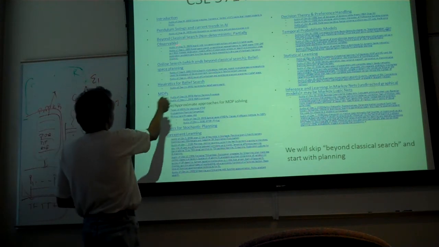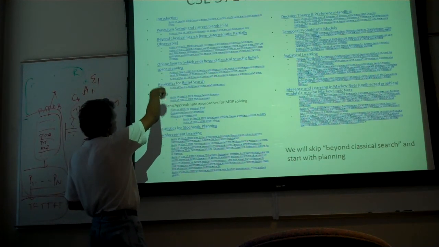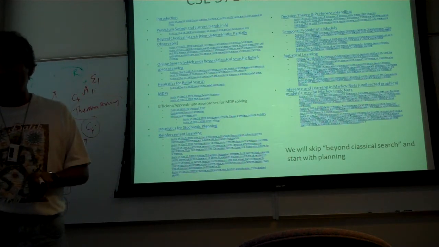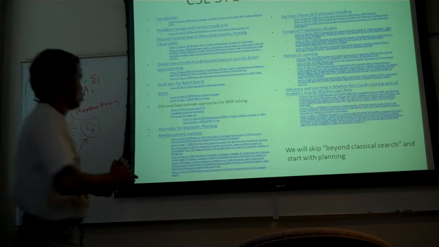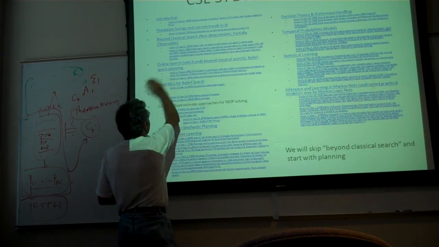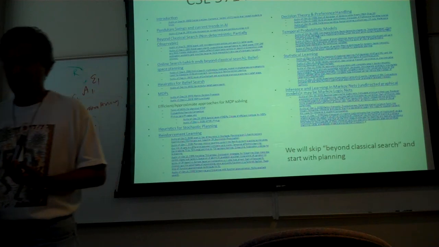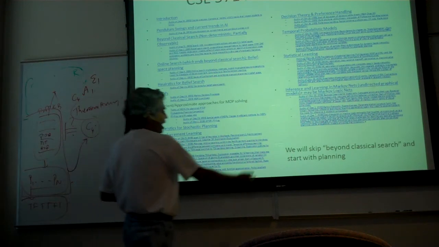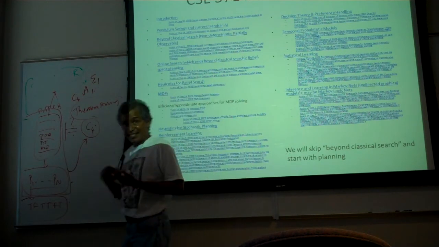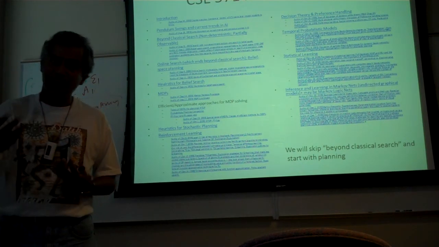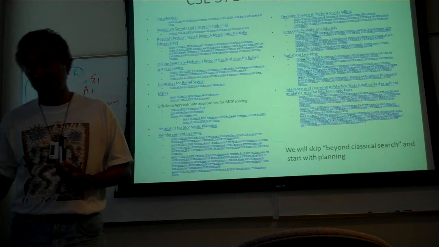So basically we did beyond classical search, we had a whole bunch of planning under different kinds of conditions, different kinds of environments, deterministic. In fact, we assumed that you knew deterministic planning, and I went off to non-deterministic planning and stochastic planning. So what I plan to do this time is to start with classical planning, which will just take a class or two to get you up to speed, and then we'll talk about non-deterministic and stochastic planning.